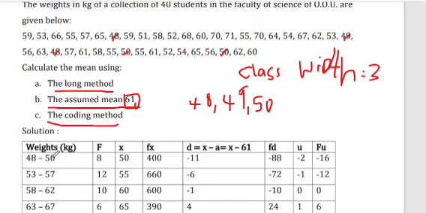Okay, I think there's an error here. This is supposed to be 48 to 52. So my class width is actually 5, not 3.